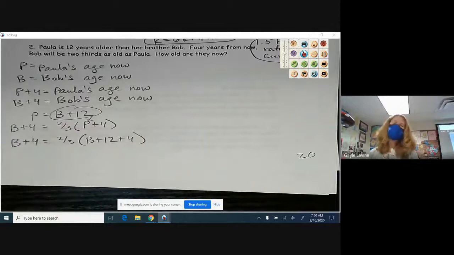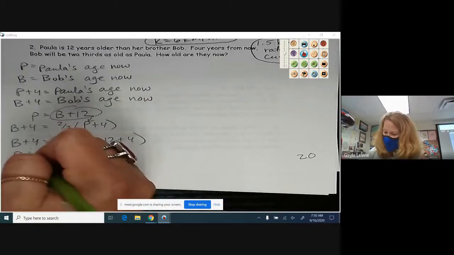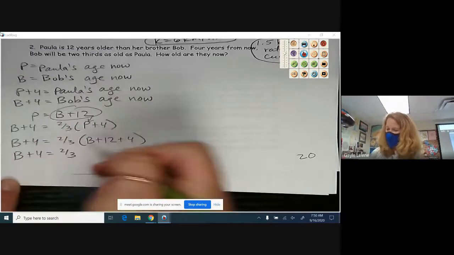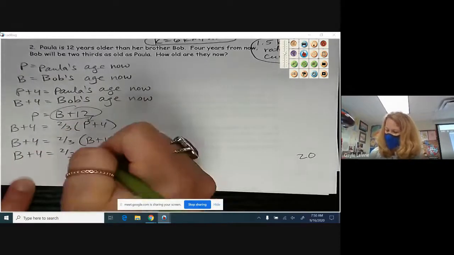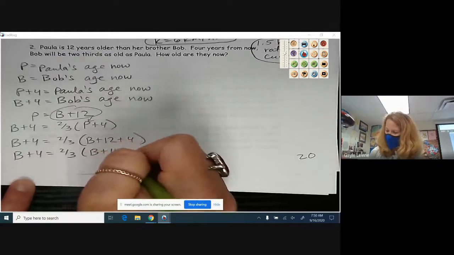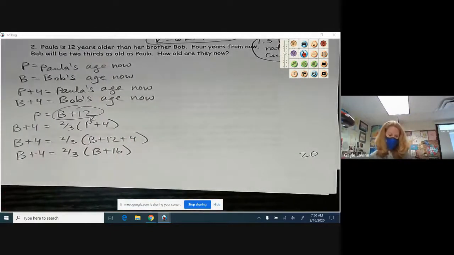I would say that this is a really long question. I wouldn't say it's necessarily so hard. It's just a long question. So I have B plus 4, keeping that side the same, and then I have 2/3, and then I have B plus 16.